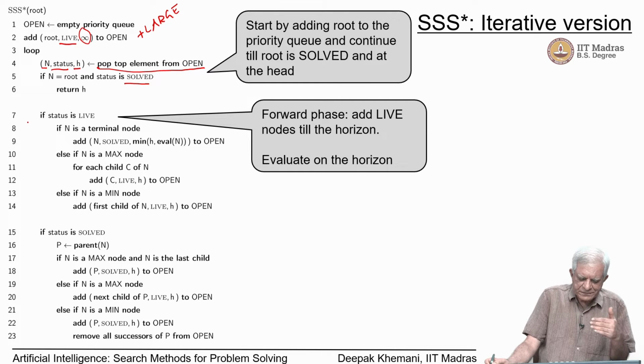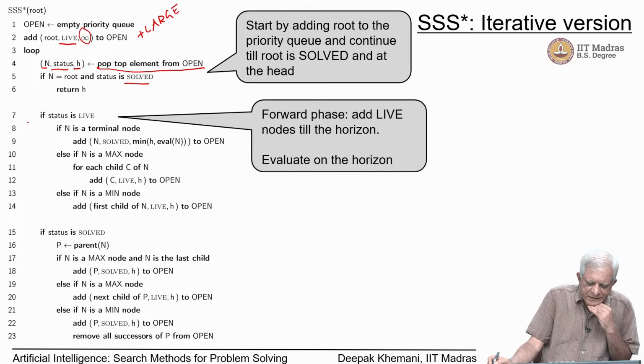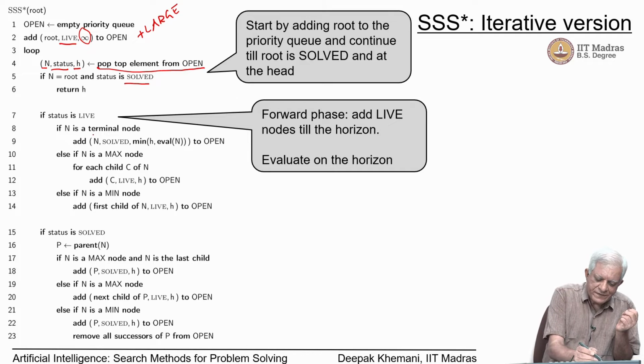And what is happening here? If the node that you have popped from the queue is a live node, then we check, is it a terminal node?